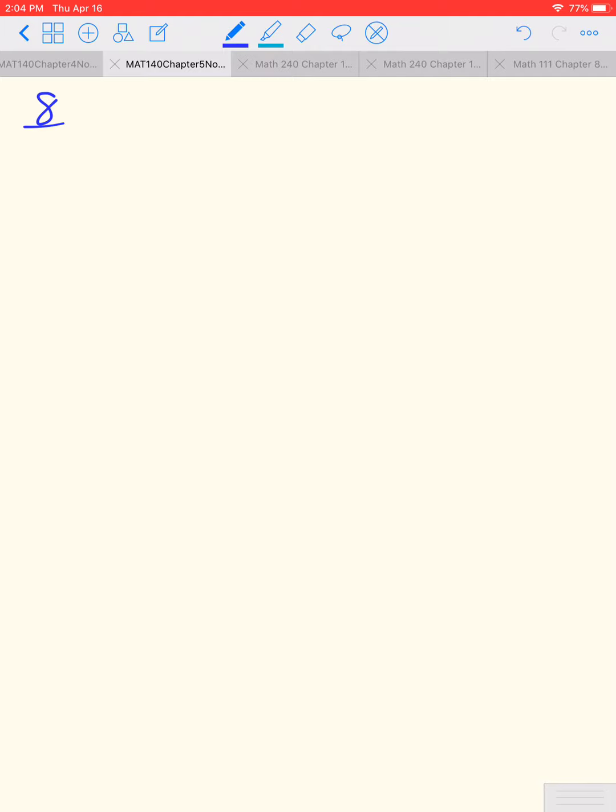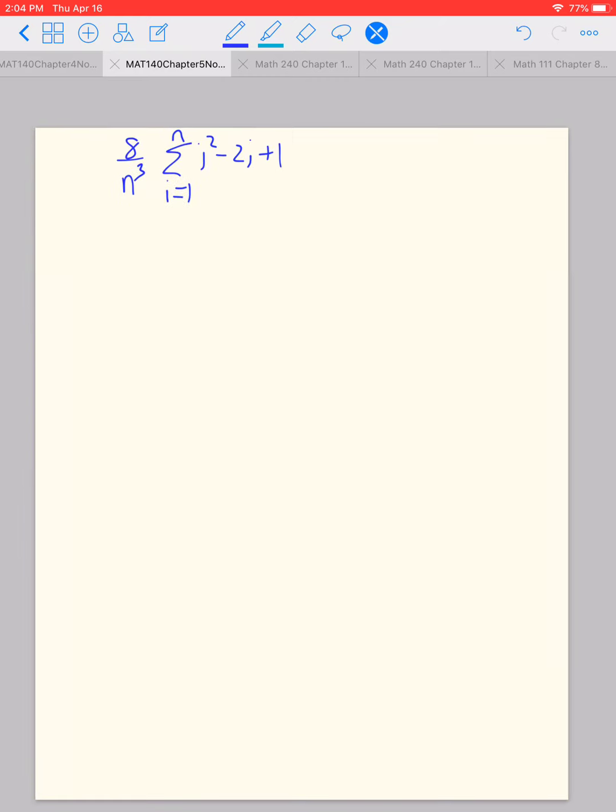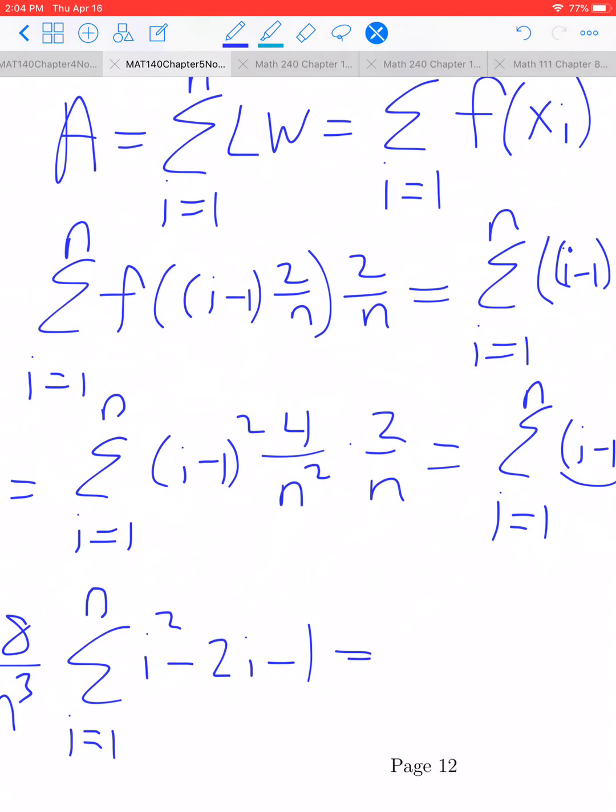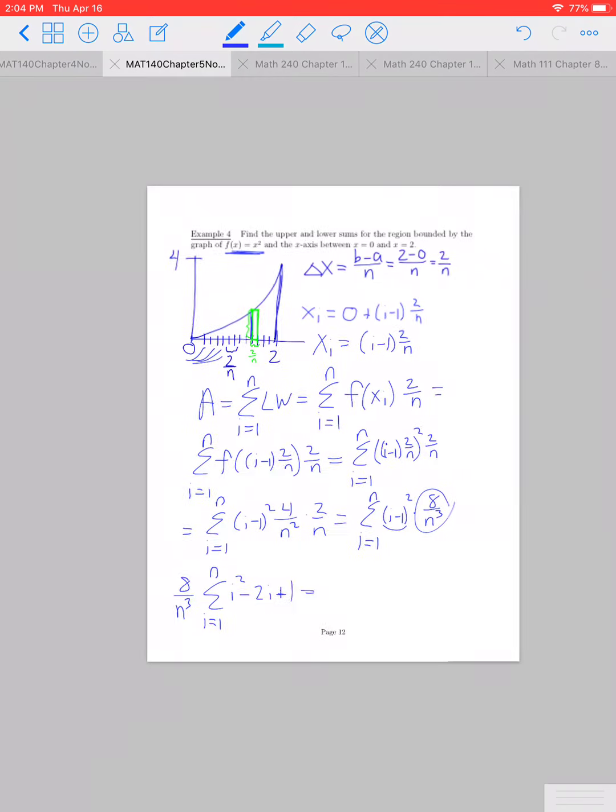We have 8 over n cubed times the sum from i equals 1 to n of i squared minus 2i plus 1. I hope I had a plus 1 on that last part. So that's a sign mistake. Negative 1 times negative 1 is positive 1.